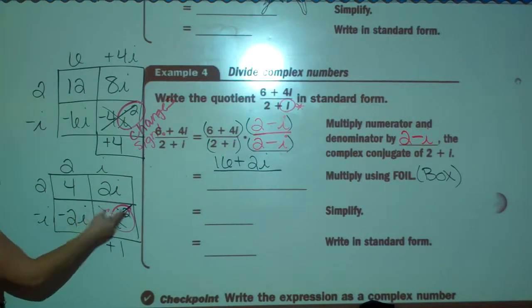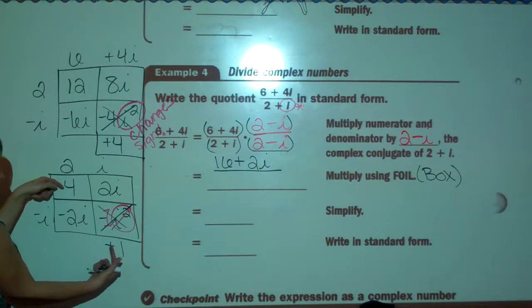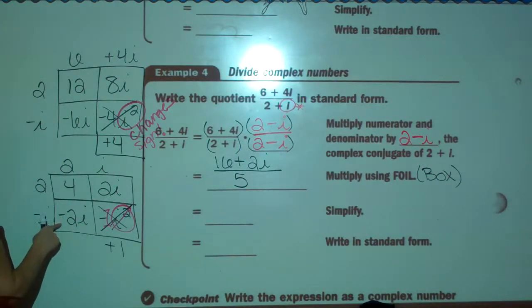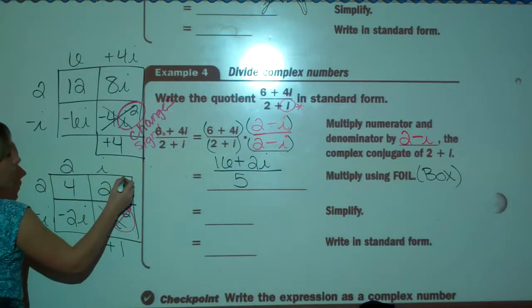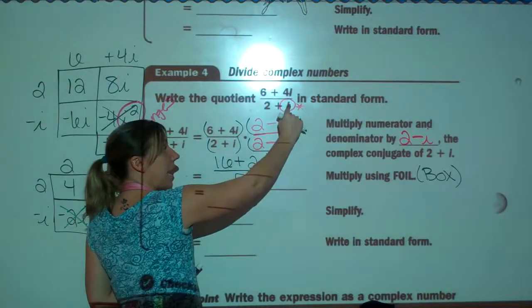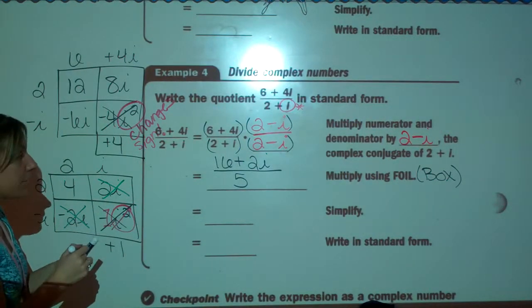So whatever you get in here, the I squared changes it. So now I just combine. I say 4 plus 1 is a 5. And then negative 2I and positive 2I, they cancel out, which is exactly what we want. Because remember, the whole point was to get rid of this I. And so now we don't have an I. Now we just have a 5.